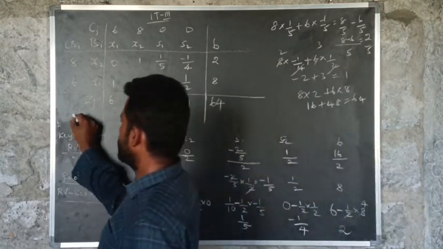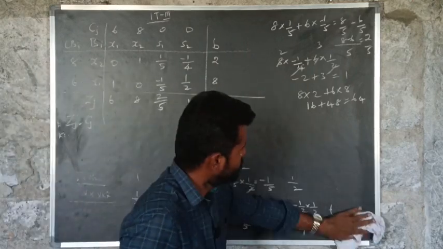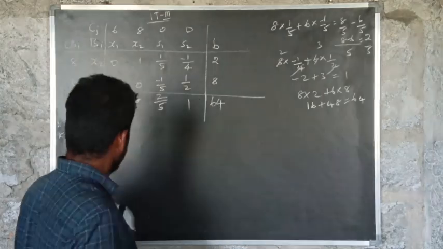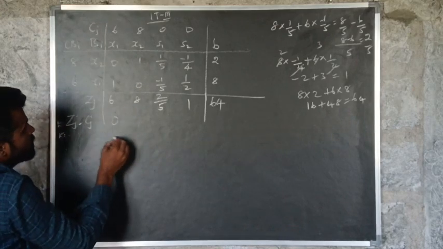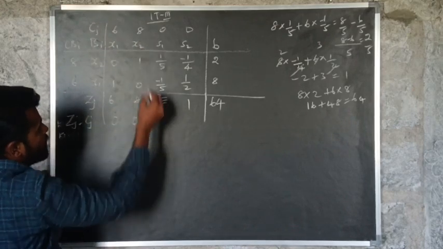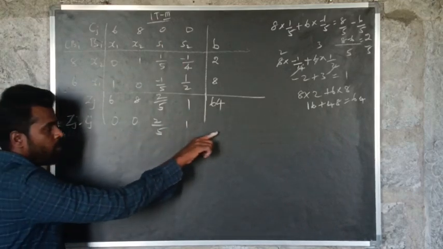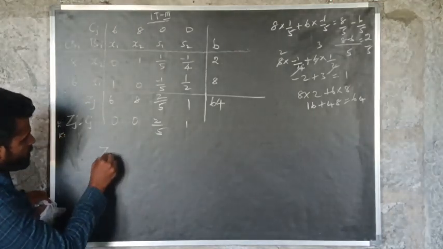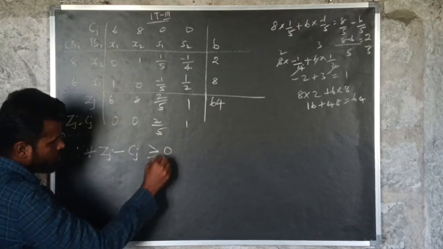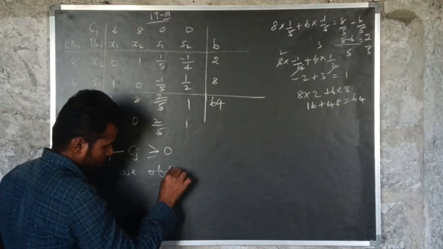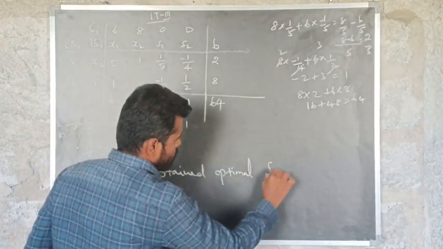Now Zj minus Cj. Zj value 6, Cj value 6: 6 minus 6 is 0. 8 minus 0 is 2 by 5 minus 0, that is 2 by 5. 1 minus 0 is 1. Here all values are positive, which means for all Zj minus Cj greater than or equal to 0, we have obtained the optimal solution.